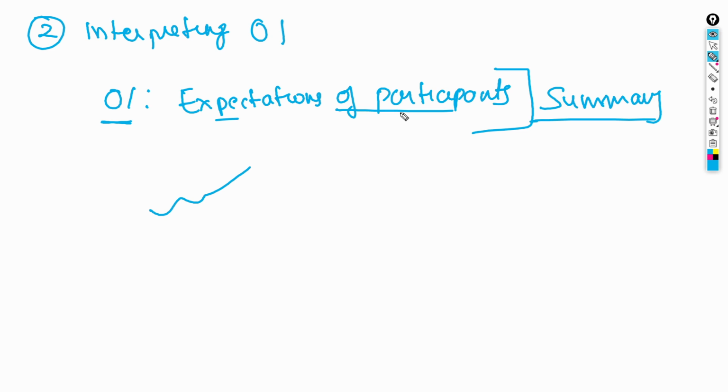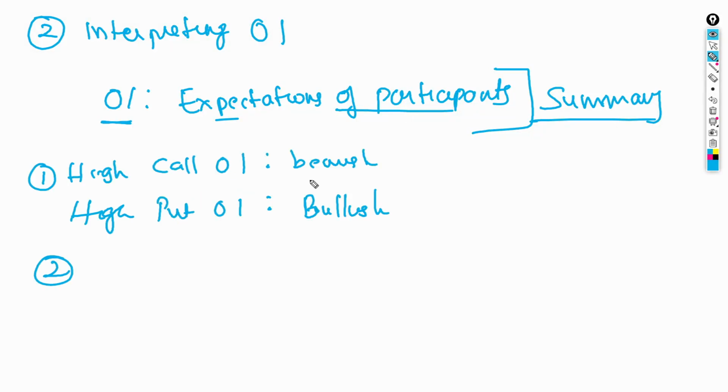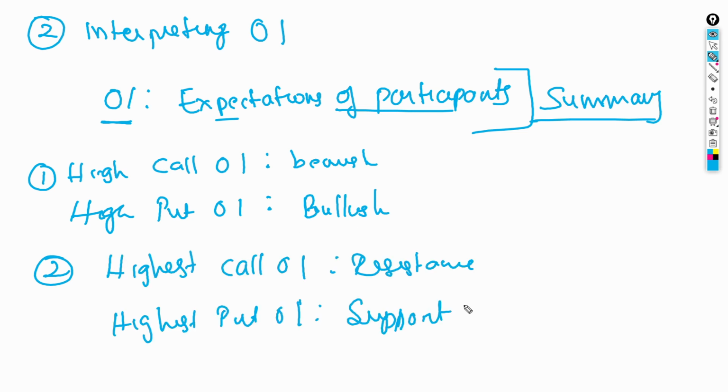Now we will understand the basics of interpreting the OI. The first thing we learned is that when there is a high OI on the call side, the market is bearish, and when there is high OI on the put side, the market is bullish. The second thing we should know is that whichever strike price on the call side has the highest OI, that highest call OI strike price is usually said to be the resistance.